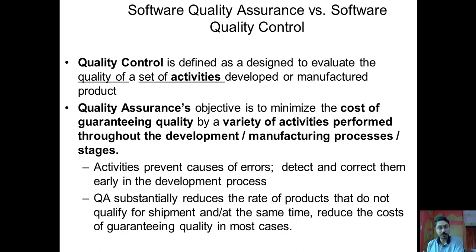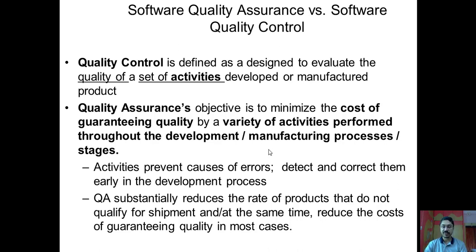But if 70 to 80 products fail in quality control, then you have to focus on the assurance part. That means there is a faulty process through which the product is being manufactured. So that is the difference between quality assurance and quality control. Assurance will try to assure you of good quality, whereas quality control will actually check whether the quality is good or bad.